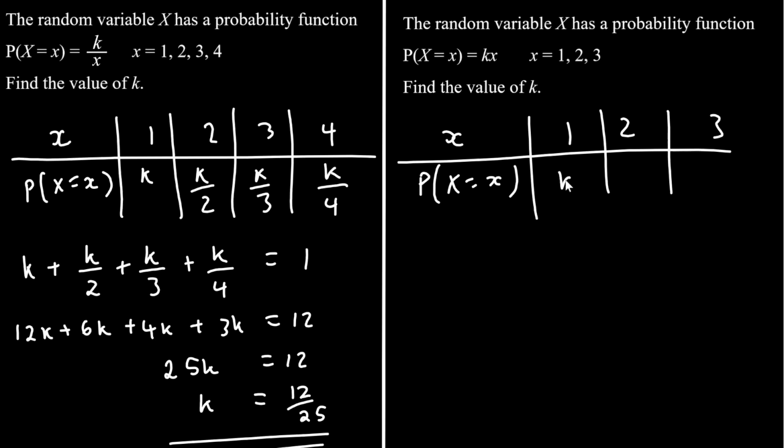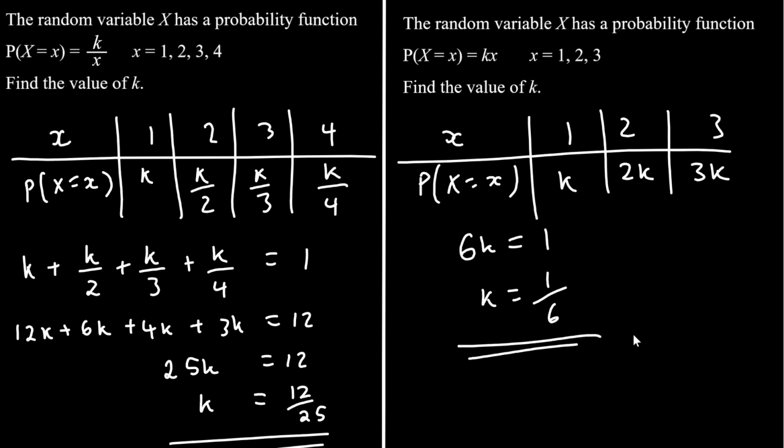So k times 1, k times 2, and k times 3. So all the probabilities have to add up to 1. So we've got 6k has to add up to 1. k plus 2k plus 3k is 6k. So k is 1/6.